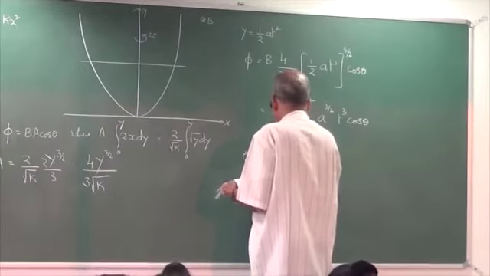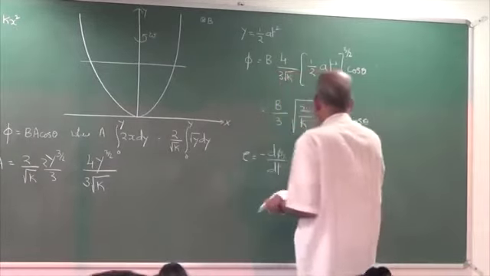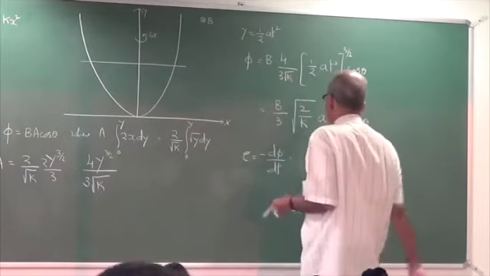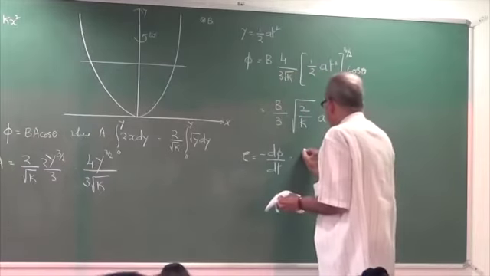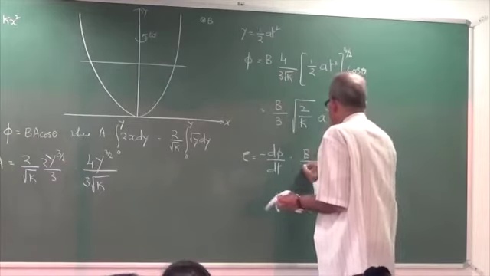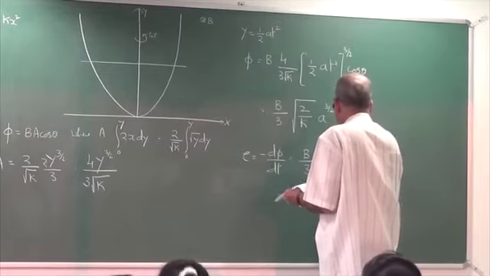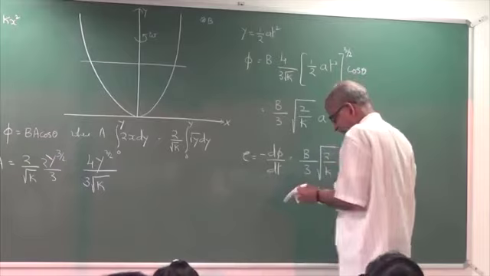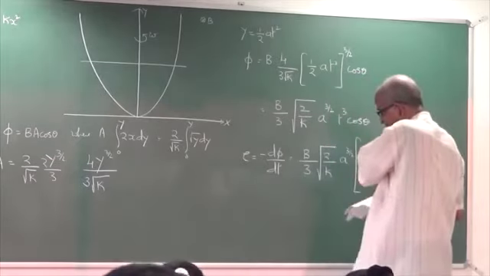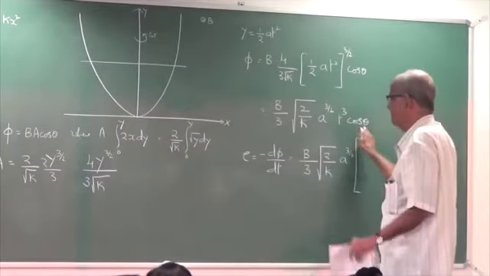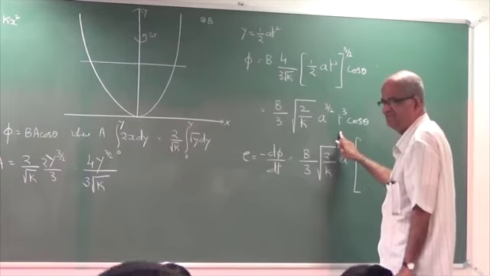minus d phi by dt, which is differentiate this with respect to time. Here you can see B by 3 root 2 by k a power 3 by 2, they can be taken out. Differentiate this product.